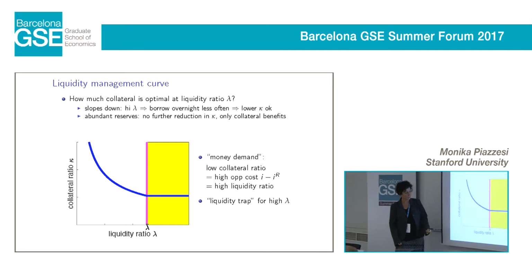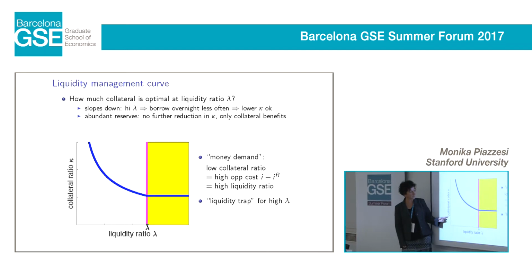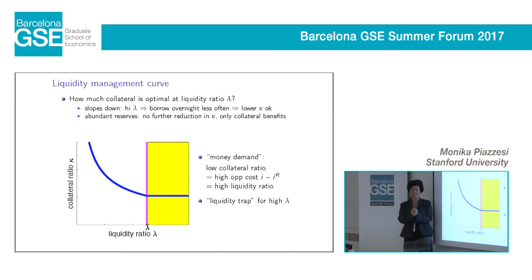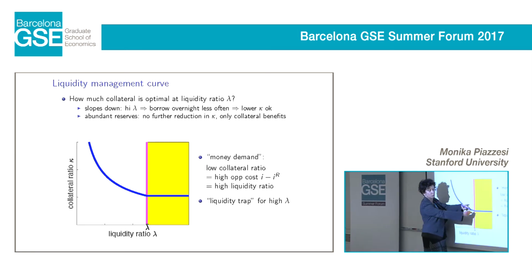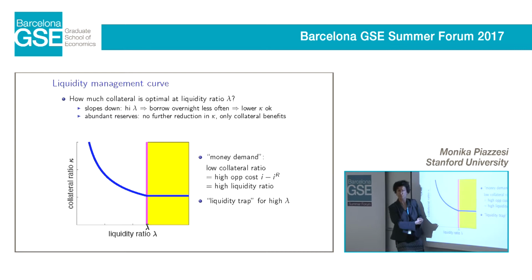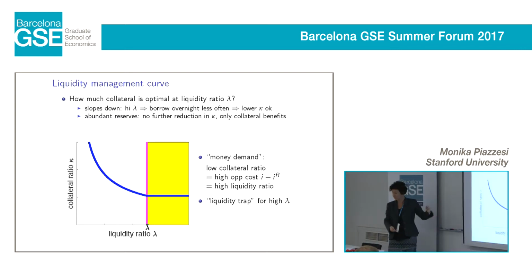Initially, how much money banks hold depends on their collateral ratio, which we know from the first order condition for short bonds is intimately related to the real interest rate. And so for high real interest rates, banks choose low reserve holdings. And if interest rates go down, they choose higher reserve holdings. And so this is this graph.